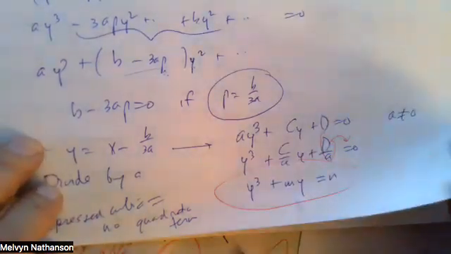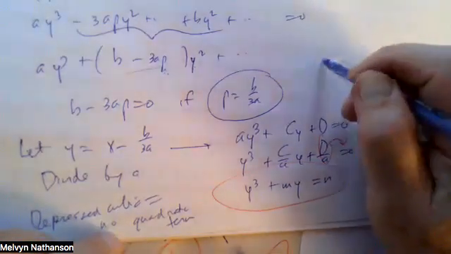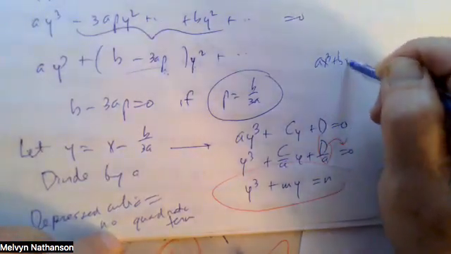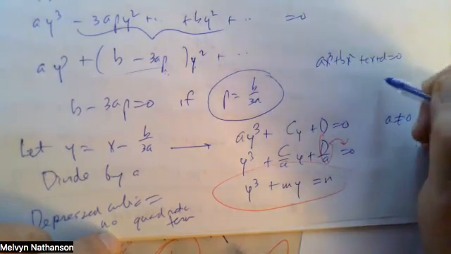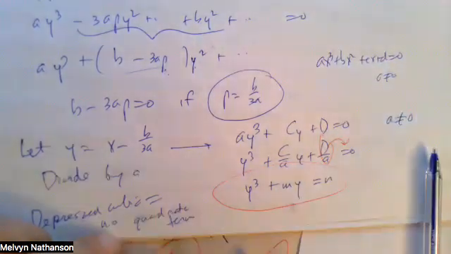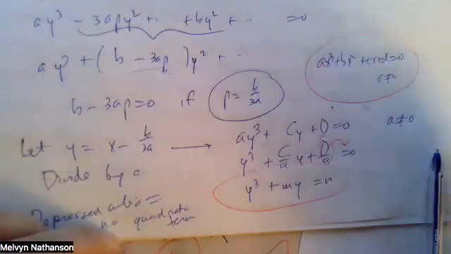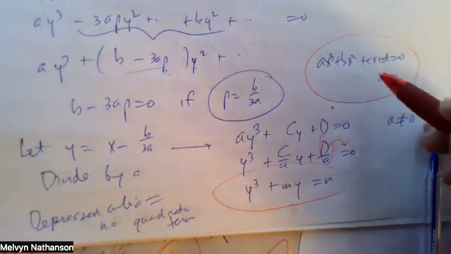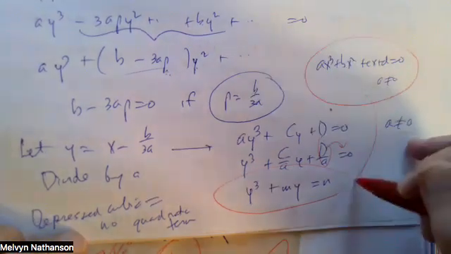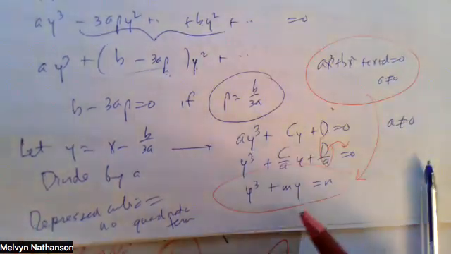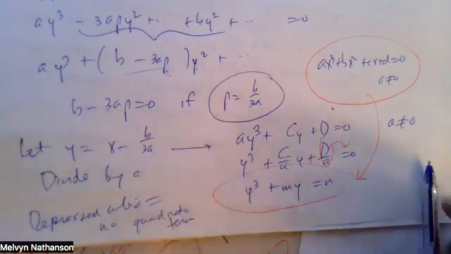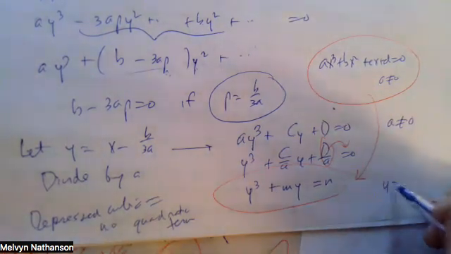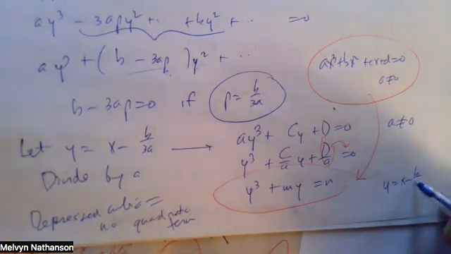So given any cubic equation, remember we started with the equation ax cubed plus bx squared plus cx plus d equals 0 with a non-zero. That's the general cubic. But by making a substitution and dividing by a, we can always put it into this form, where y is equal to x minus b over 3a.